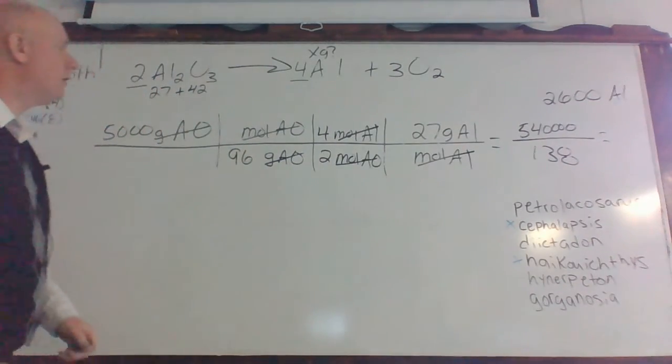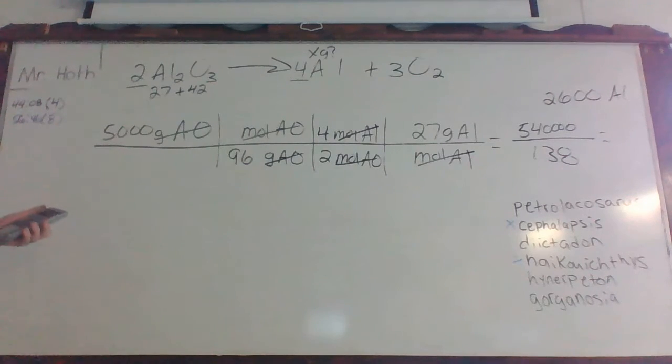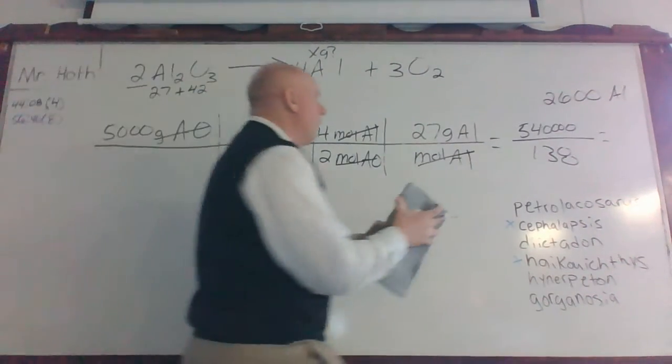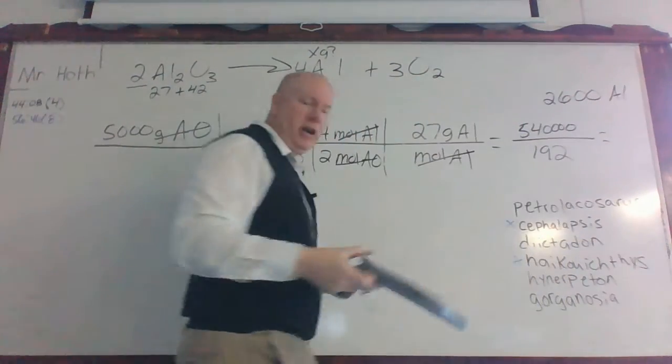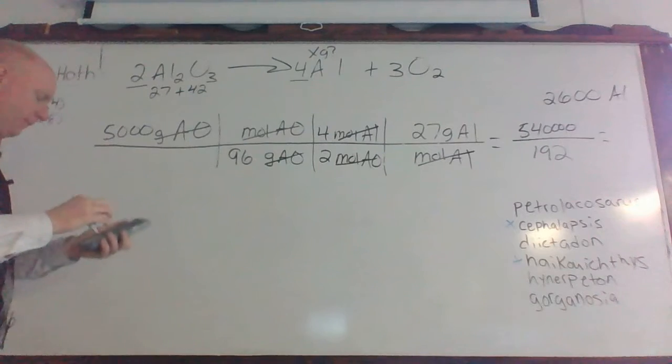96 there. So now, top number's still the same. 5, 4, 1, 2, 3, 4 divided by 96. I didn't take it times 2, did I? No. 6 times 2, 192 goes down here. That one I caught before I went any further.